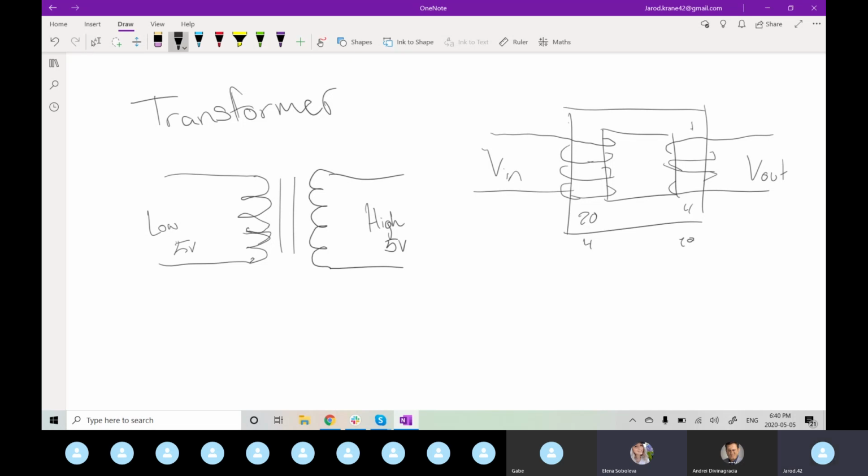That's just the typical symbol for it. You'll also commonly see dots on either side, just for polarity. Sorry, it's a standard symbol for what? For a transformer or isolation. Okay.